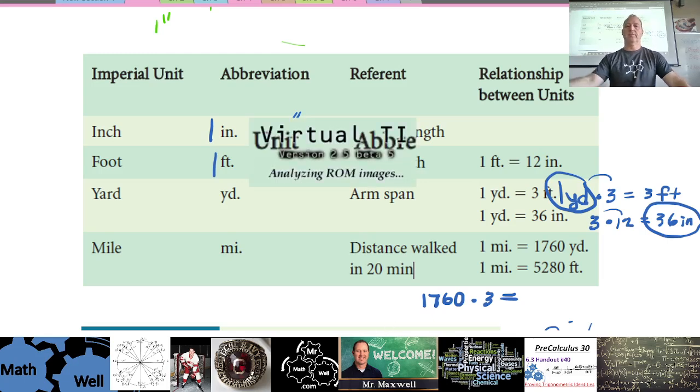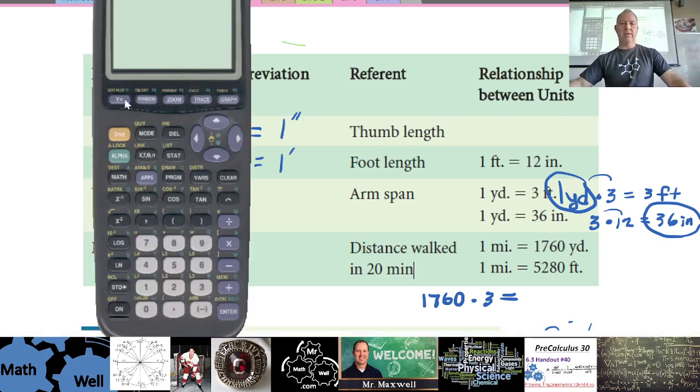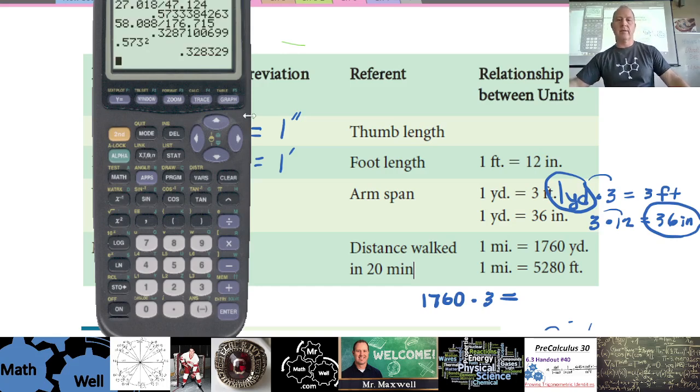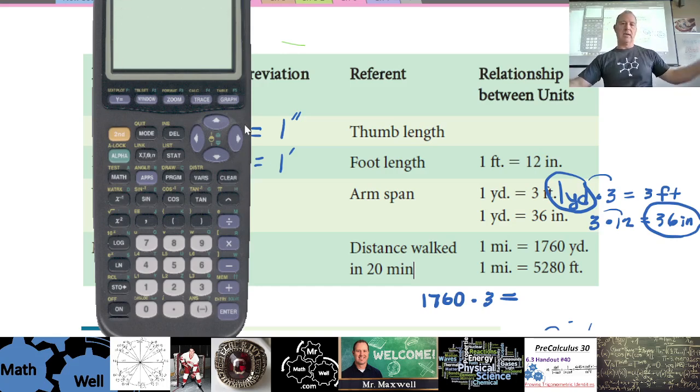Here it comes. This is the first time I've had this out this year. So this calculator right here, these are some of the graphic calculators we have here. It's a bit of an older version, but if I do 1760 times 3, I should get 5,280, and that's where that number comes from.